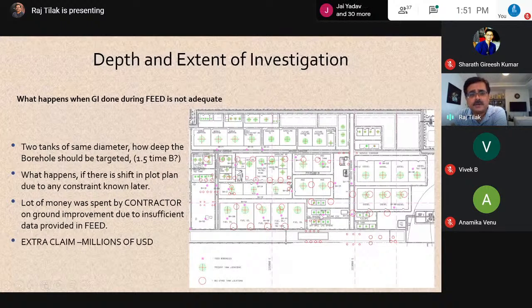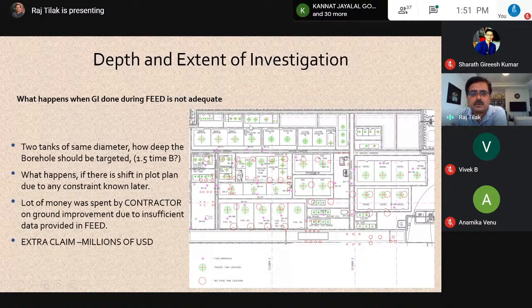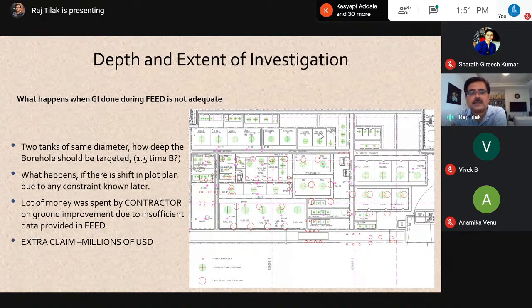They did this GI fine. But later on, because of some other process requirements, these tanks were proposed to be shifted, something to the north and something to the south. And you can see that there's no red spot, these pink spots are the GIs. There's no red spot on the north side, and similarly on the right hand side, you can see there's no additional data. So here, it's a clear case of an extra claim where the contractor will use it for its benefit if there is a change.